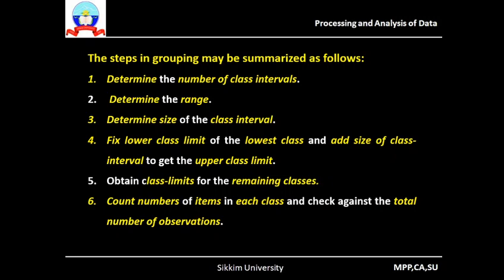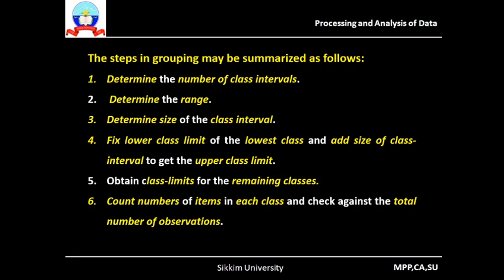For example, if you fix the lower class limit to 0, then it will be 0 plus 25 to determine the class interval. The fourth step is very important. We need to fix the lower class limit of the lowest class and add the size of the class interval to get the upper class limit.